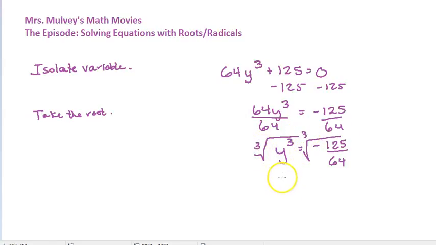Again, my answer is going to be negative because of the negative sign underneath there. And the cube root of 125, that's the number that I multiply by itself 3 times to get 125, that's 5. Cube root of 64, that's 4. And so my answer is negative 5/4.